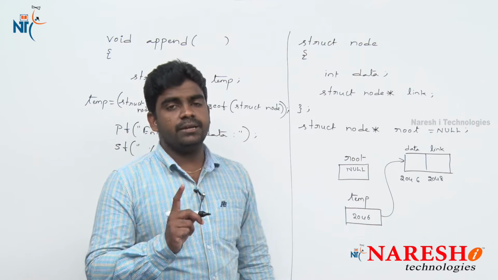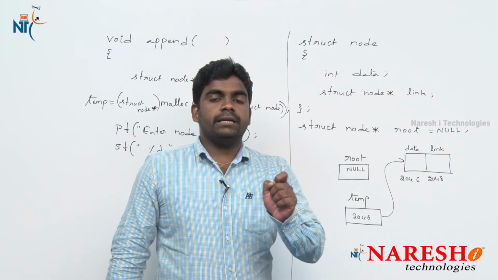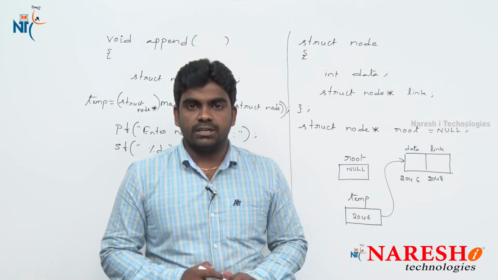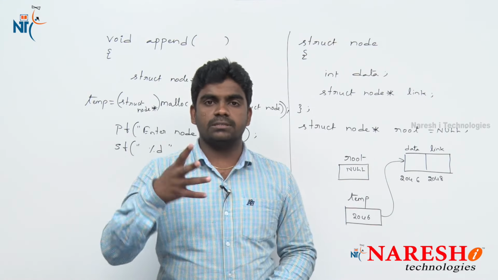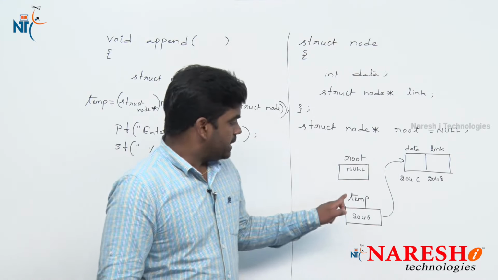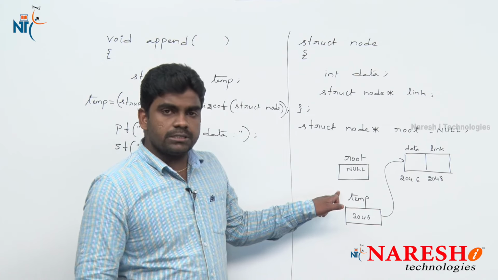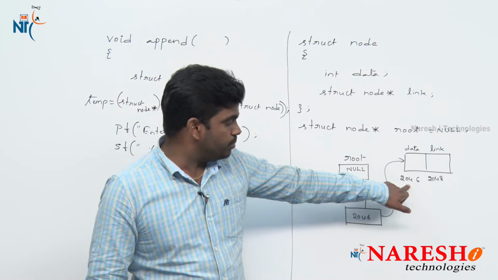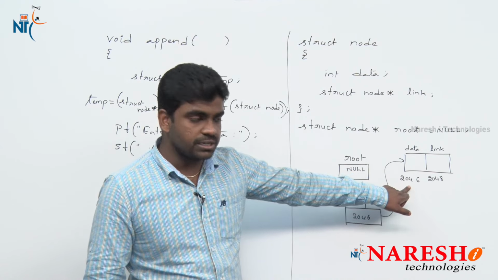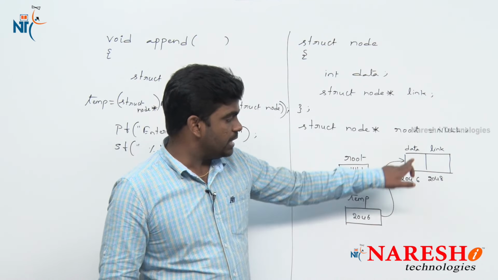Whenever a pointer is pointing to a structure we need to use the arrow operator to process the elements. Here temp is a pointer variable pointing to a structure, so we need to provide this address to the scanf function: the temp to data location address.